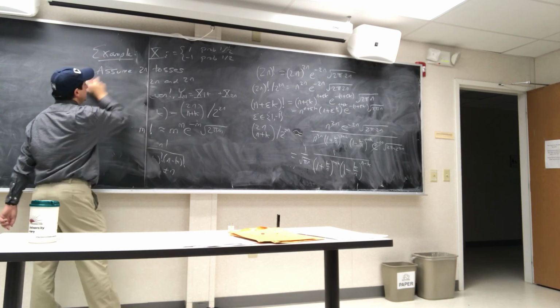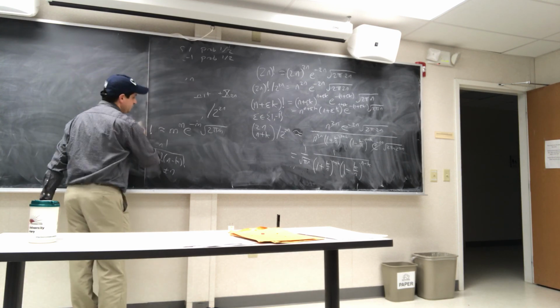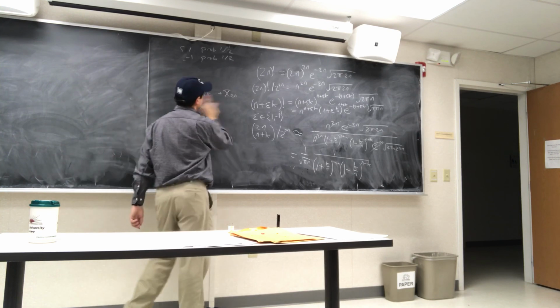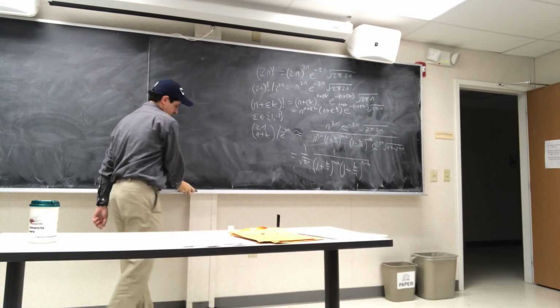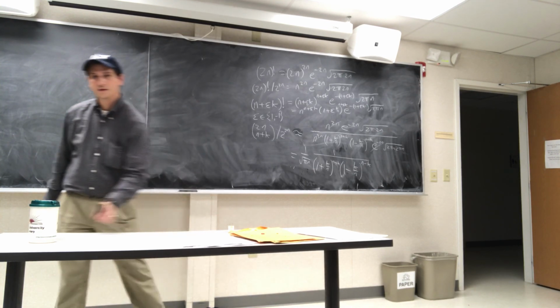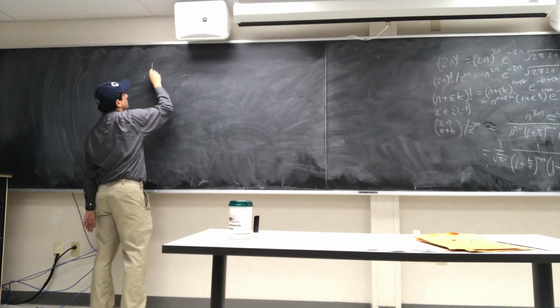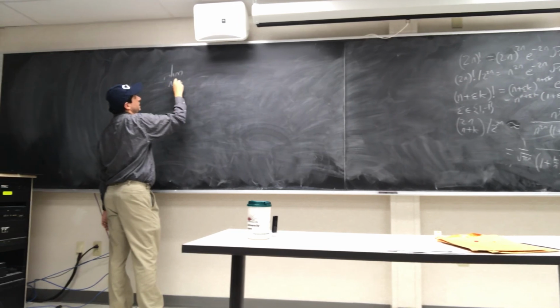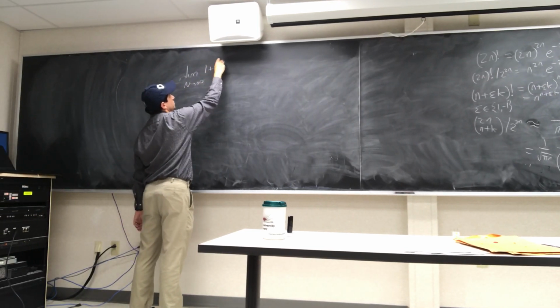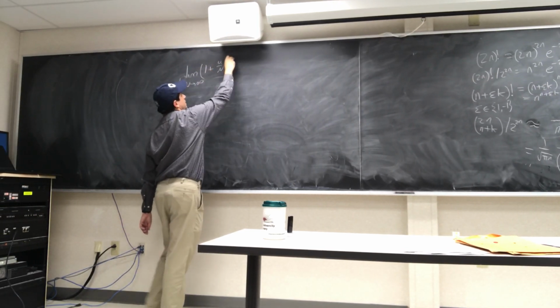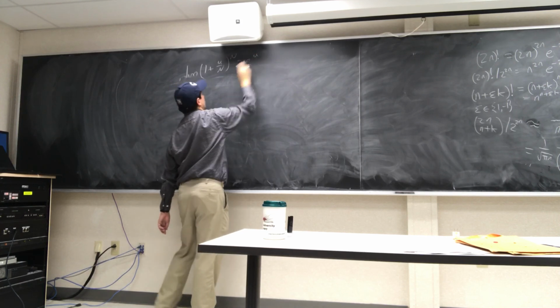So we are using one of the definitions of the exponential. The limit as big N goes to infinity of (1 + u/n)^n is equal to e^u.